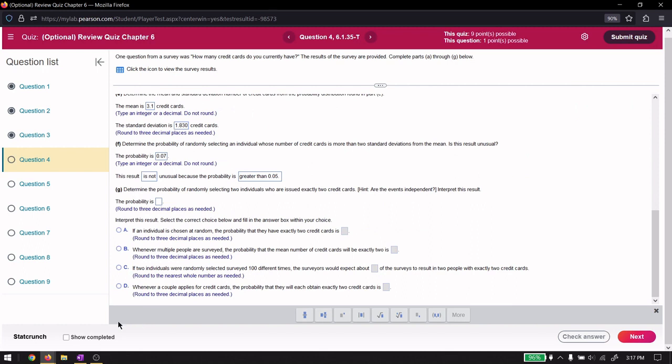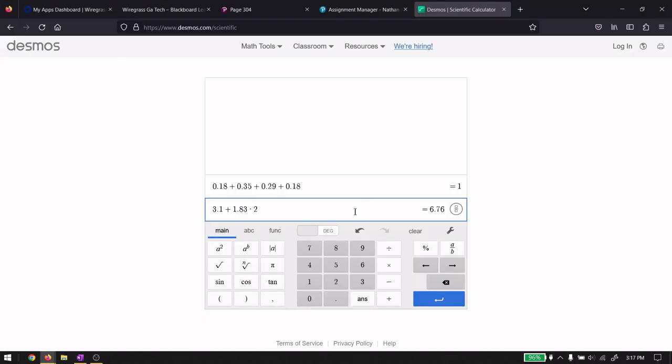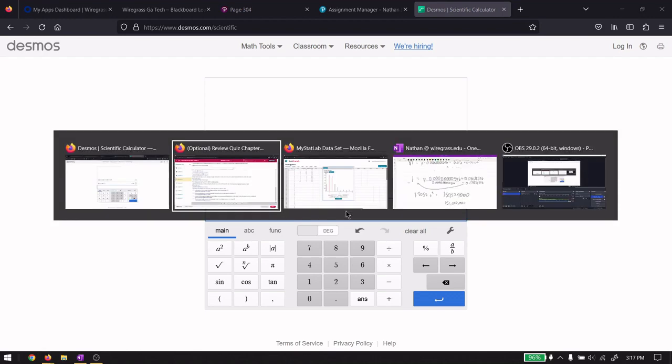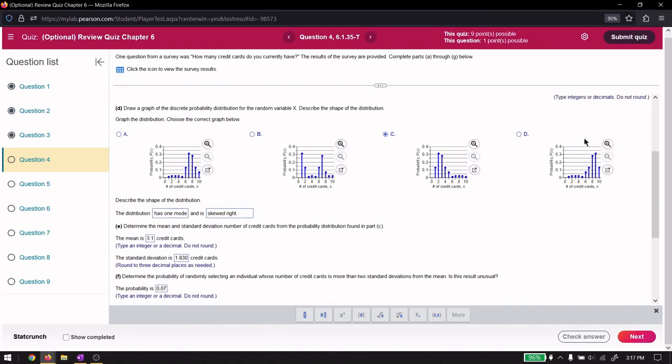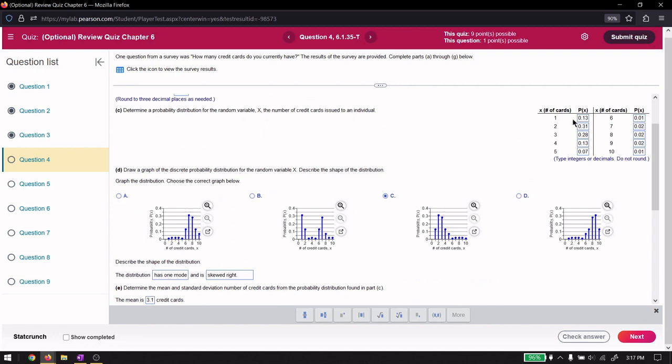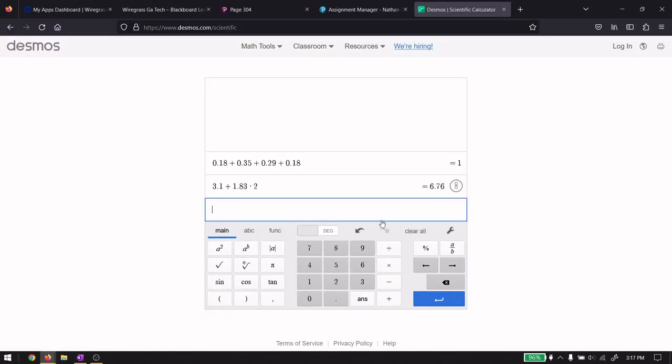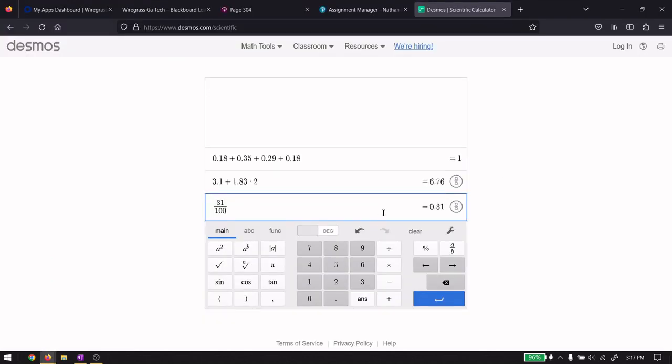However, this isn't hard to calculate, because the first person having 2 credit cards, well, we know that's going to be 31 out of 100. That's how you found this probability. It's 31 out of 100, 0.31. That's for the first person, but now the second person is going to be 30 out of 99 because we're sampling without replacement.